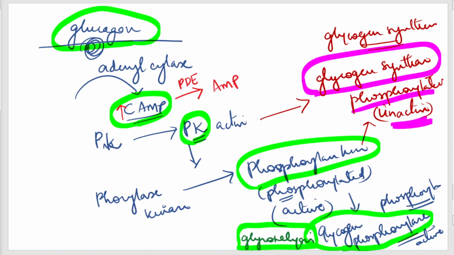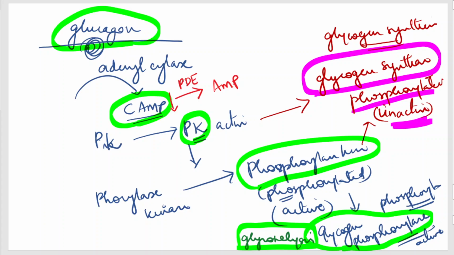Thereby the levels of cyclic AMP decrease. So if I decrease the levels of cyclic AMP, then this phosphorylation process will not happen.